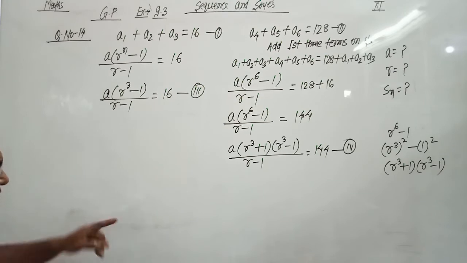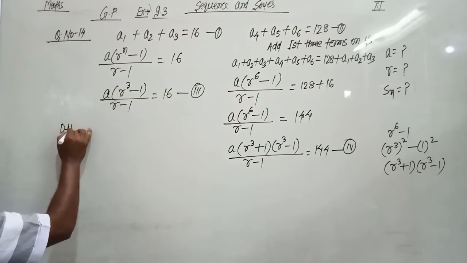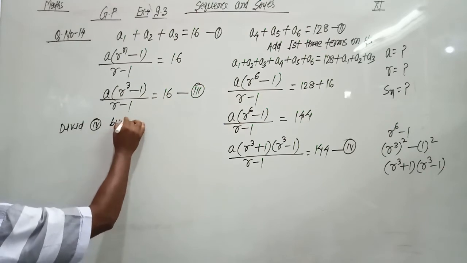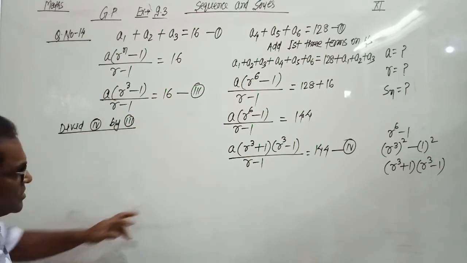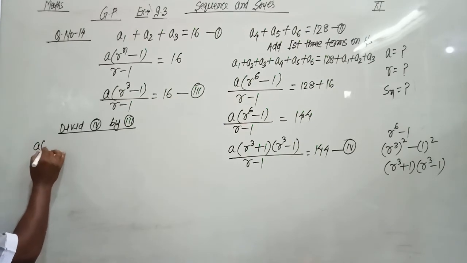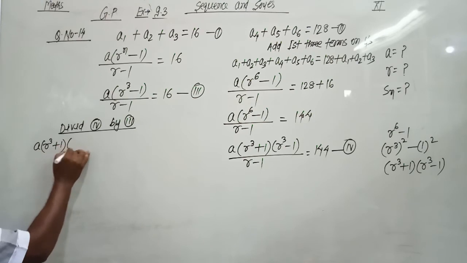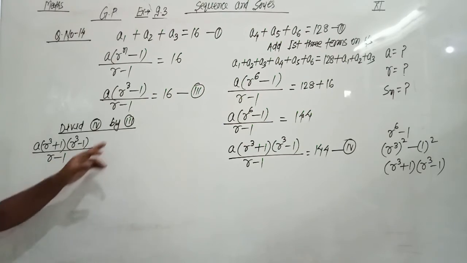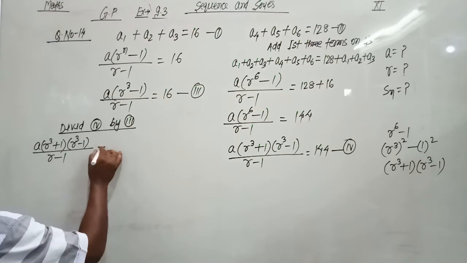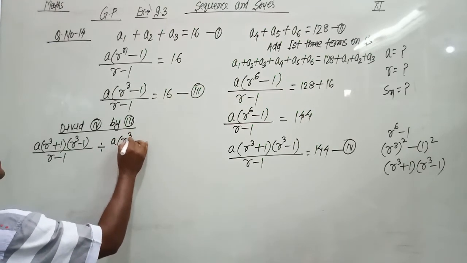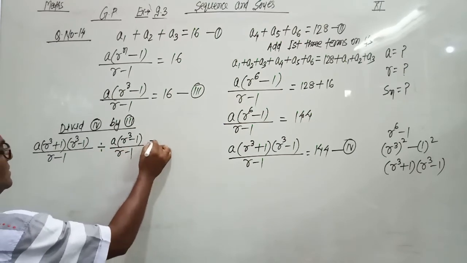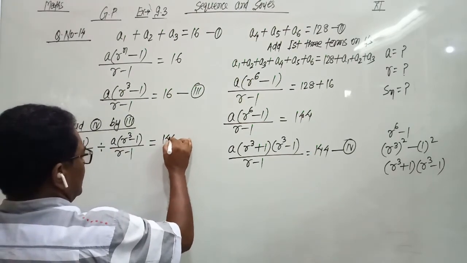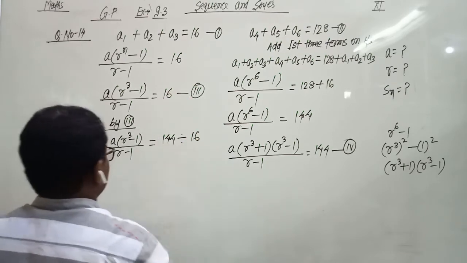Now divide equation 4 by 3. So the fourth equation is A into R cube plus 1 into R cube minus 1 upon R minus 1, divided by A into R cube minus 1 upon R minus 1, equals the RHS, 144 divided by 16.